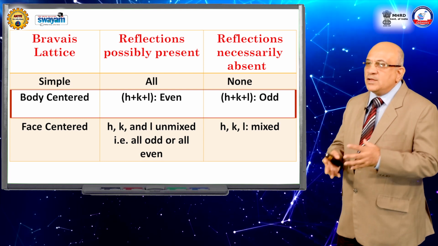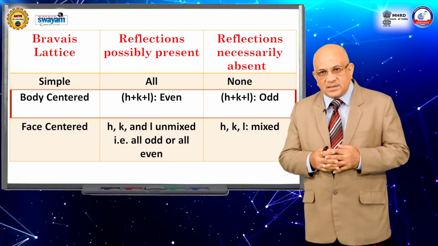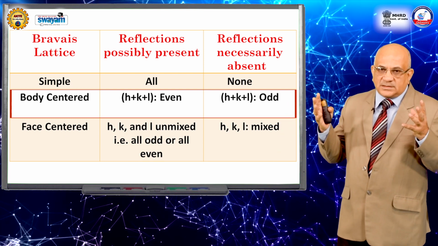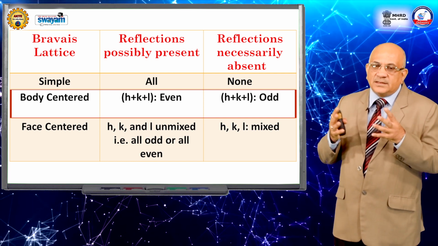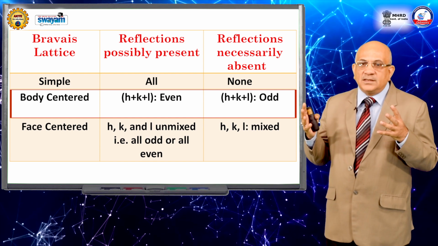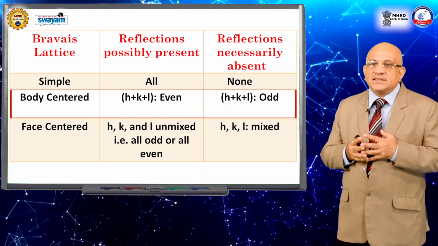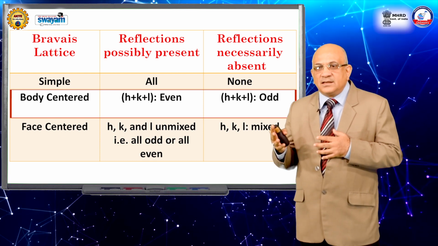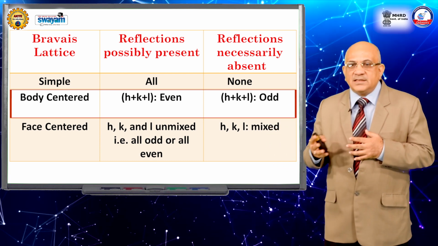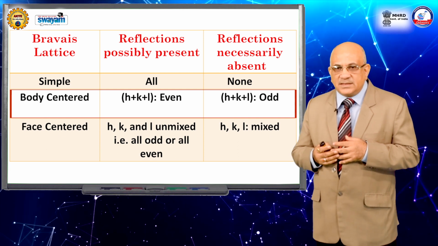This we can prove by using this structure factor equation, because something in the exponential part will make that term go to 0 if H plus K plus L is odd, and hence you see certain reflections will become absent. These are called systematic absences.